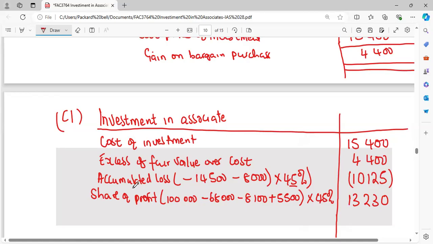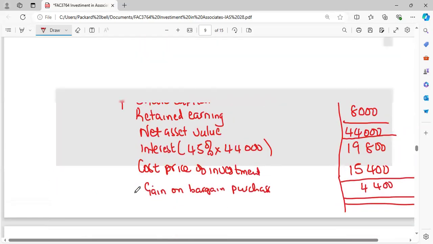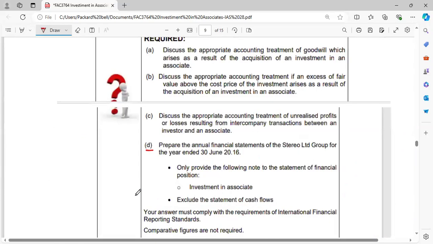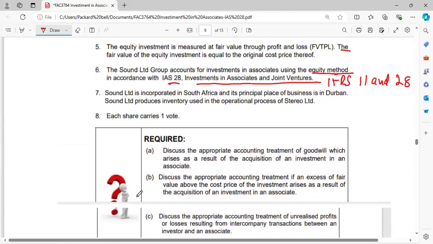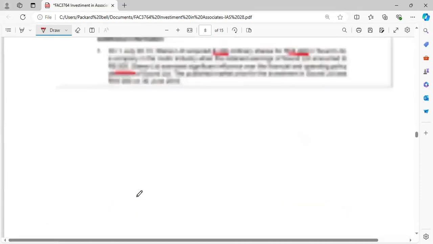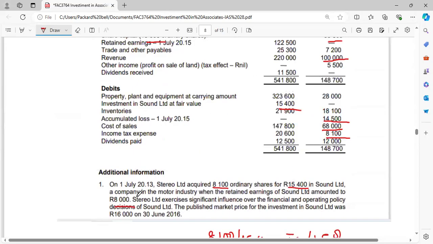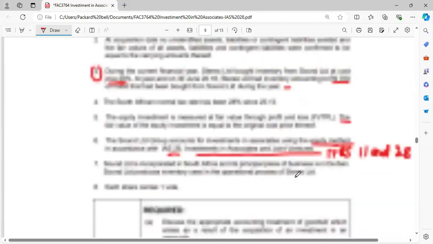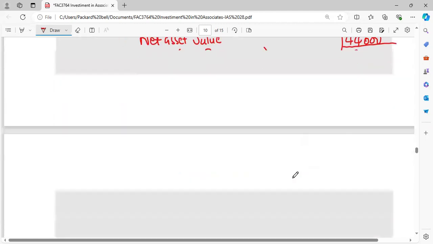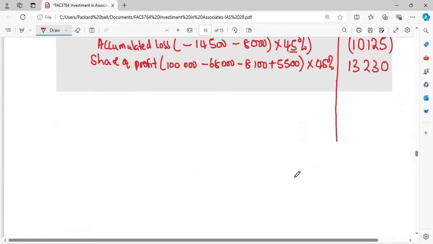Then we also need to eliminate the dividends. We check if there were any dividends that were paid by the associate to the group. They paid 12,000. These are the dividends which were paid by the associate. So we need to eliminate those dividends by the percentage of interest.